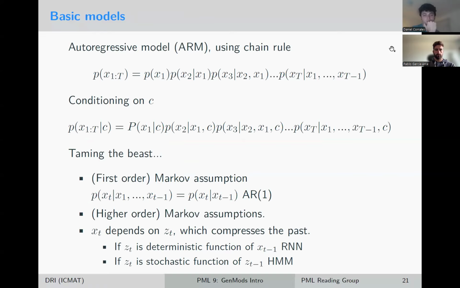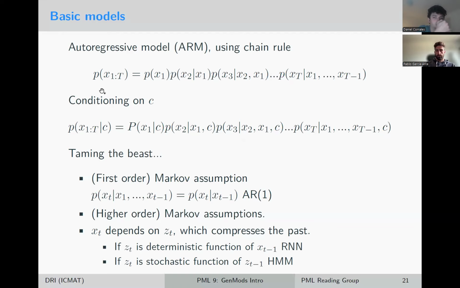So autoregressive models just emerge by using the chain rule, right? Remember that we want to provide a generative model. We want to provide a P of X, right?